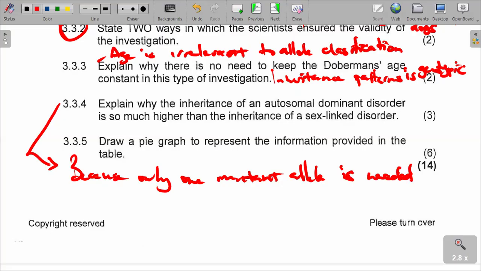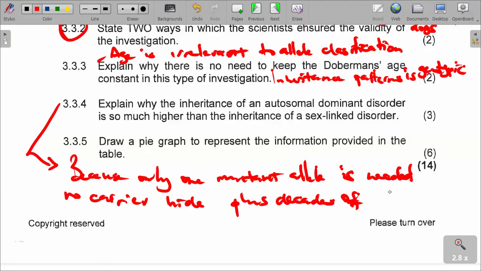So what we need to understand is that only one mutant allele is needed, no carrier hides, plus decades of selective breeding to show traits.